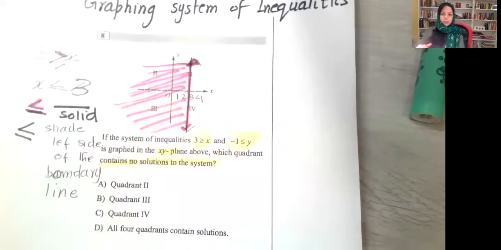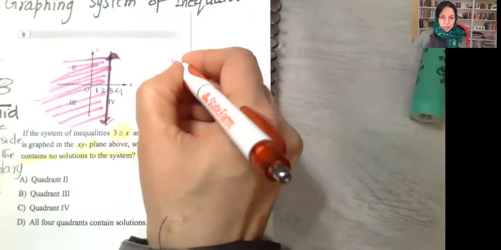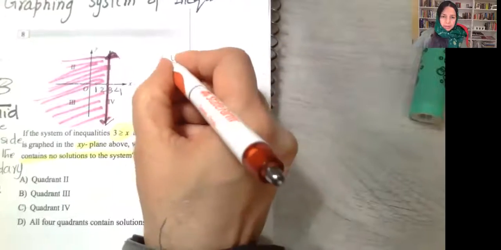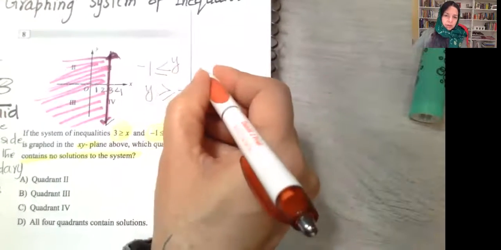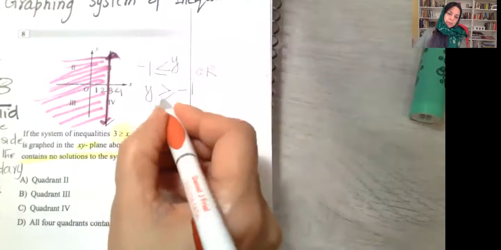Now we are going to pick up the second inequality and graph it, which is y is greater than or equal to -1. We could also flip it and write -1 is less than or equal to y. They are the same, but we prefer to have the variable on the left.